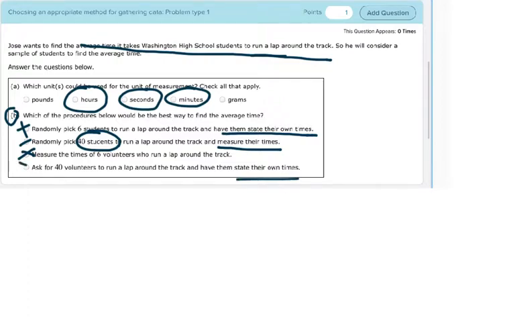No, you don't want that. So the one that works best would definitely be out of these two, 40 and 40, but you don't want to ask for volunteers. You want to randomly pick 40, just however, first 40 that walk in the door, whatever. But it has to be random, and you measure their times.